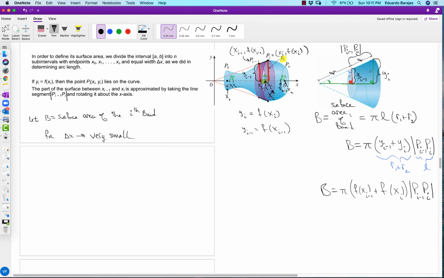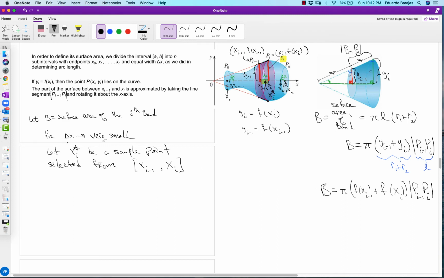Remember, we need that star notation. It's a sample point. So let x sub I star be a sample point selected from x sub I minus 1 out to x sub I. Good.